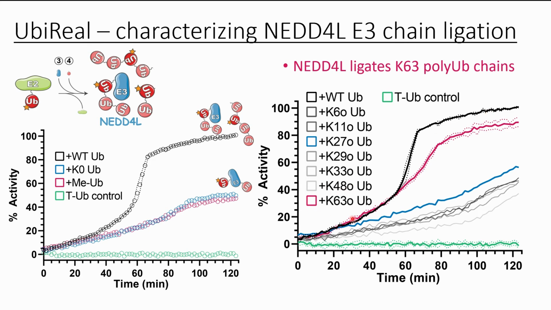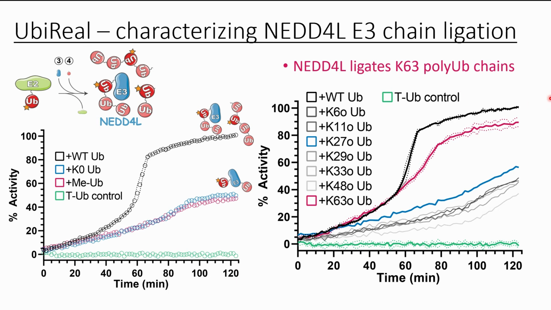And so this K63 only mutant, which is the only one that has that K63, was able to generate roughly the same signal as the wild type, whereas all of the other K-only mutants, K48, K33, K29, K27, K11, and K6, were only able to generate about a 40%, somewhere between a 30 to 50% signal over here, meaning that it was likely telling of this monoubiquitinated E3 giving a much lower FP signal. So this was pretty exciting, because it meant that we could use UBReal to visualize exactly what chain linkages were being formed.